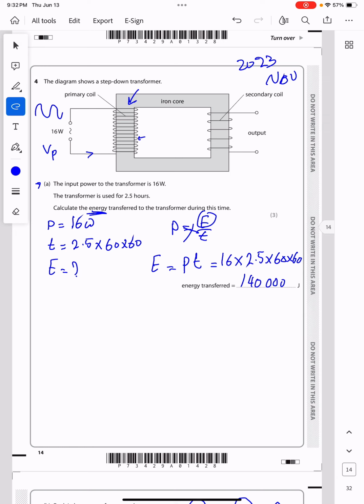What's going to happen? This alternating current is going to produce also a continuously changing magnetic field. We know that when we have current going through a coil or a wire, this is going to produce a magnetic field around it.